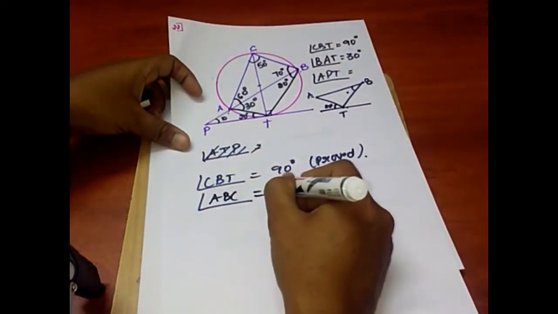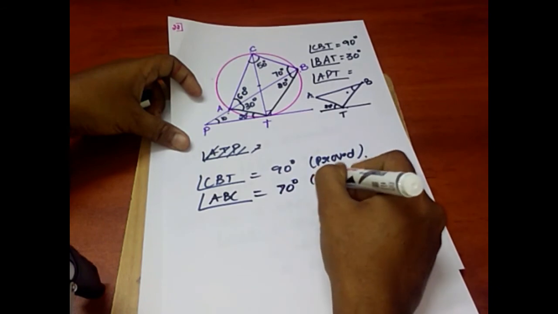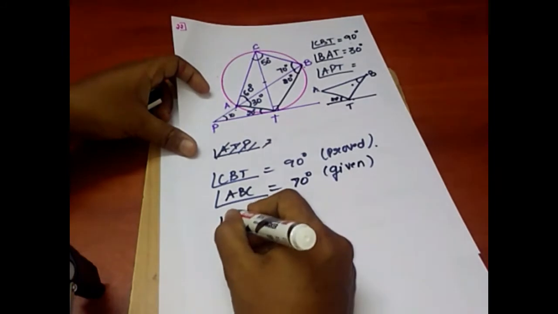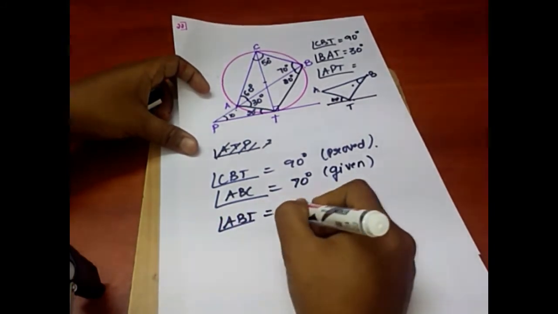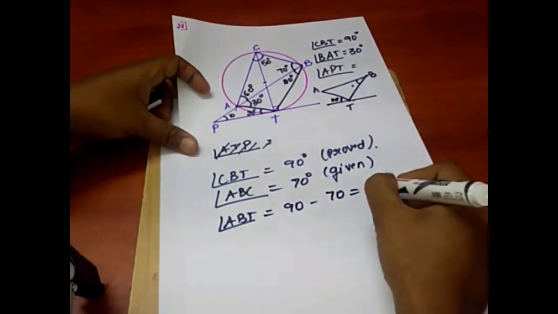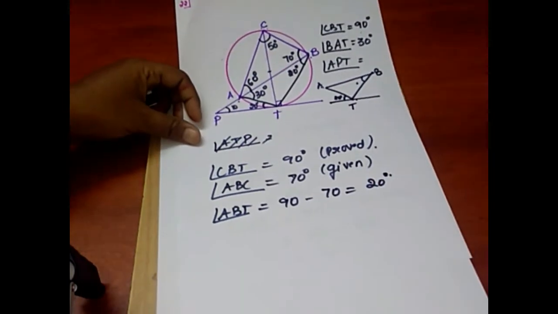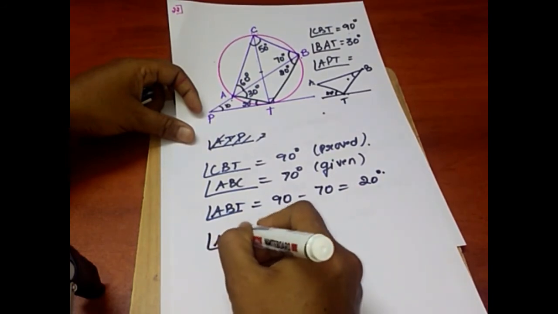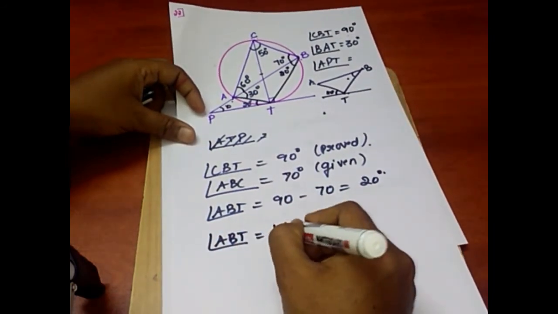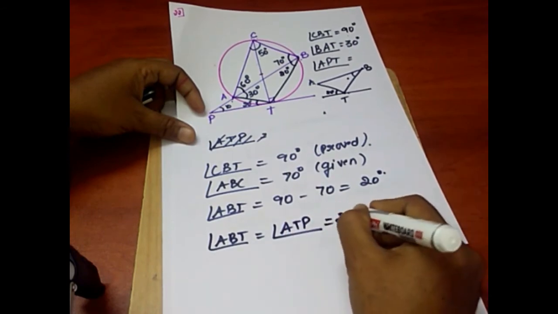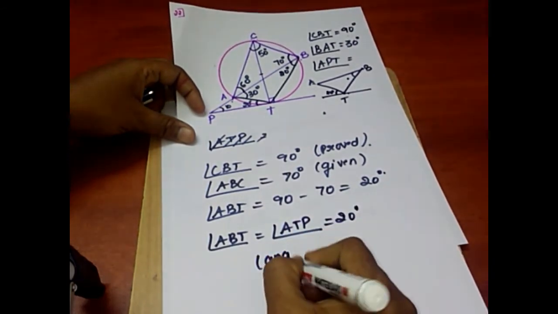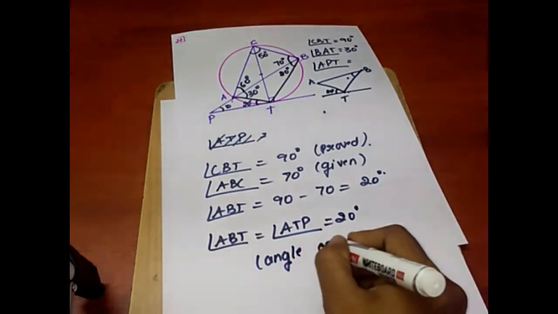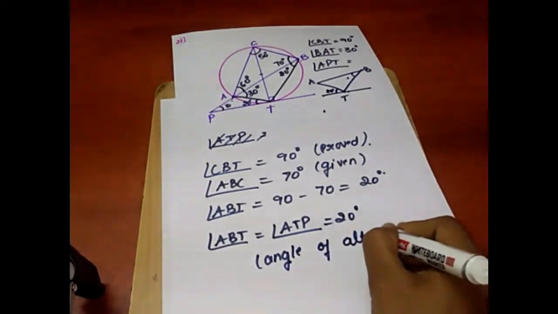Angle ABC is equal to 70 degree, given. Therefore, angle ABT is equal to 90 minus 70, which is equal to 20 degree. Now, angle ABT is equal to angle ATP is equal to 20 degree. Same reason we need to write, that is angle in the alternate segment.